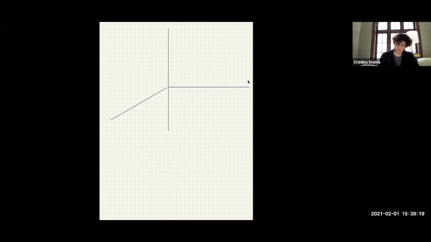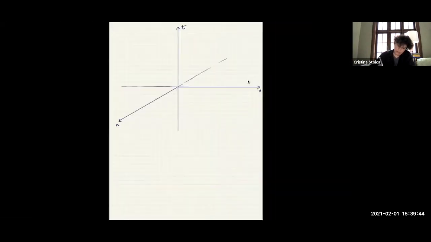Okay, so these are the 3 axes. And now I'm going to call them X, V, and time. So the vertical is time. And now I'm going to draw those guys.